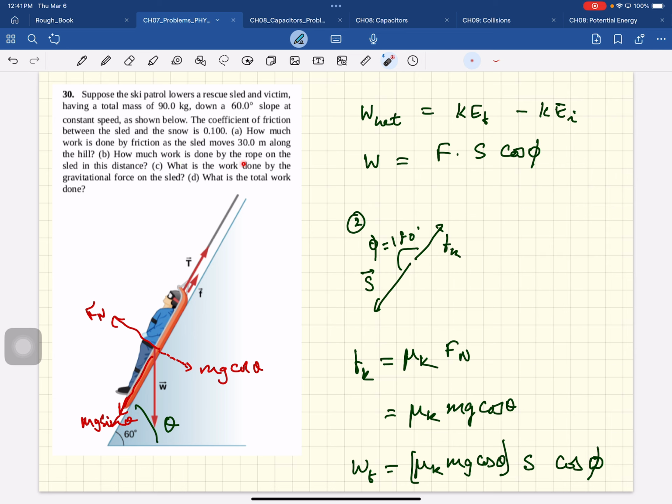How much work is done by the rope on the sled? So there's the tension which the rope is applying.